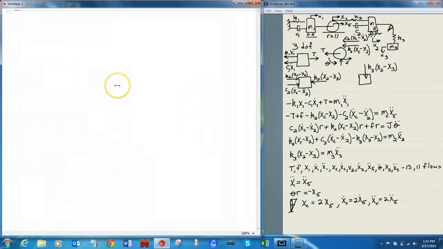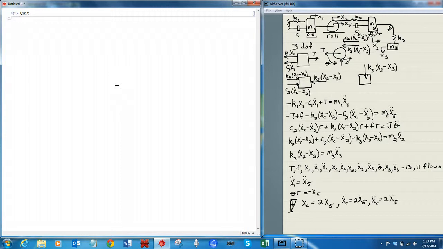Okay, I have opened a Mathematica file, and on the right side you can see the equations that I'm working with, and we'll go into Mathematica and attempt to reduce these. First thing I do is a quit in Mathematica, just to make sure that if I've been doing something else, it doesn't remember those things.